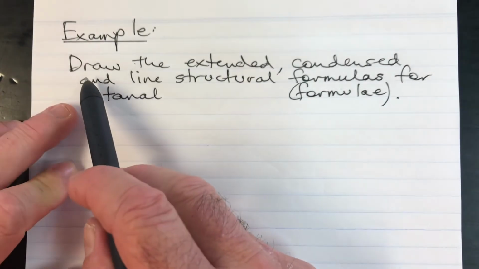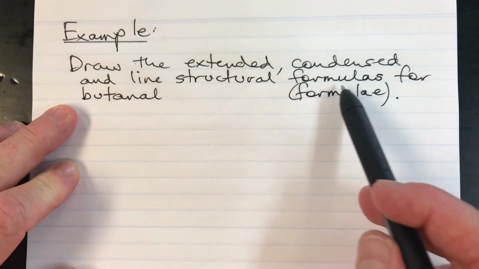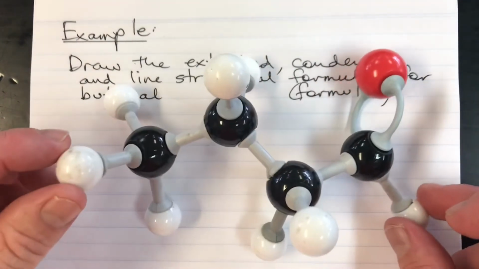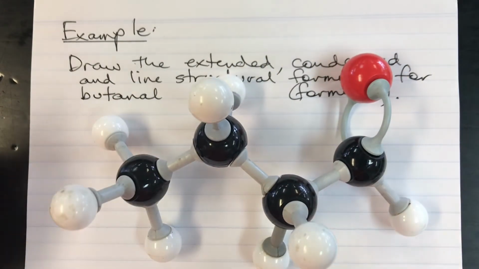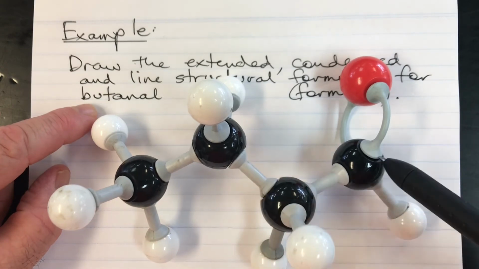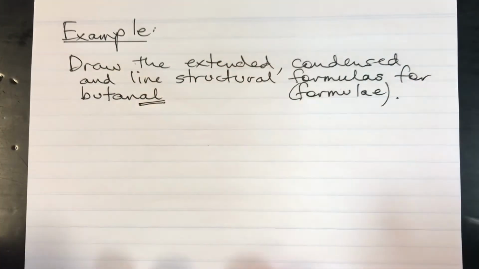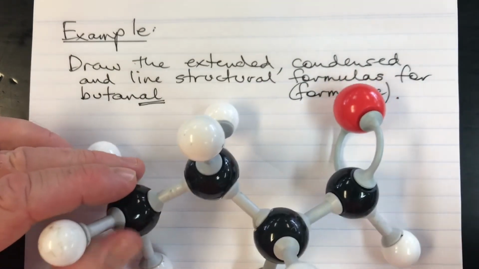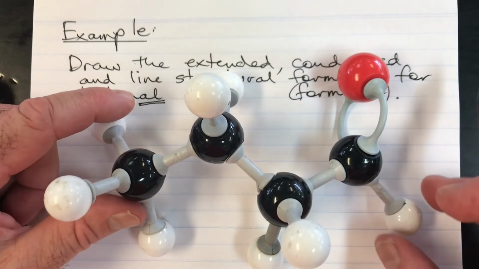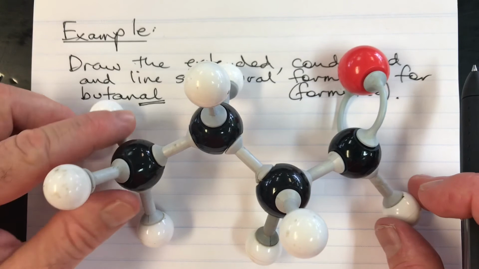Let's answer this question. We're going to draw the extended, condensed and line structural formula for butanal. So here's butanal. It starts with butane, so it's got 4 carbons. It ends with al. It's got a suffix al, and when the suffix is al, it indicates an aldehyde, or an alkanal is the IUPAC term.